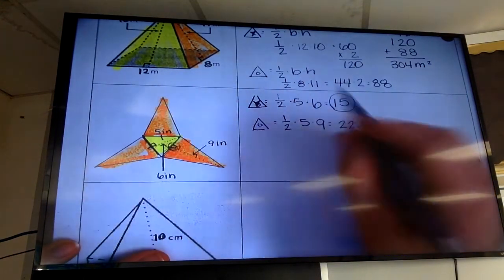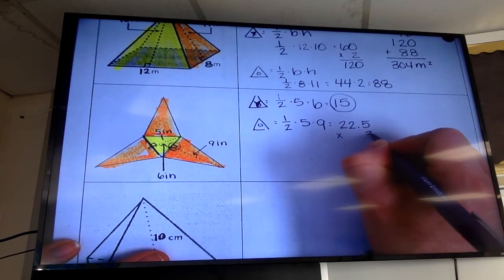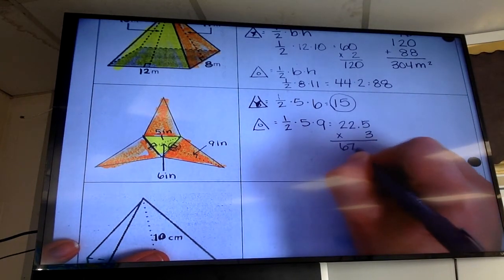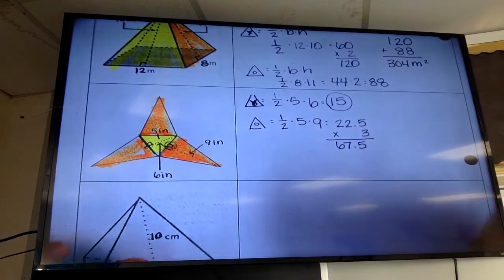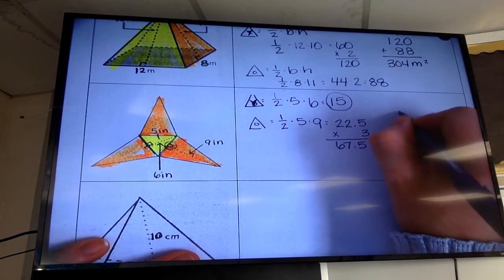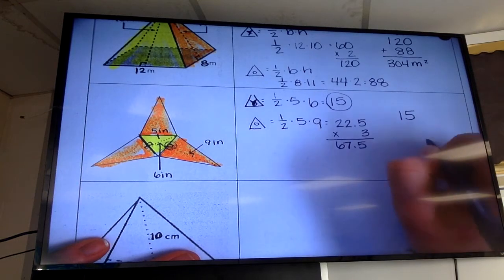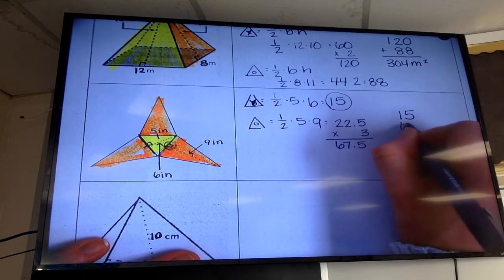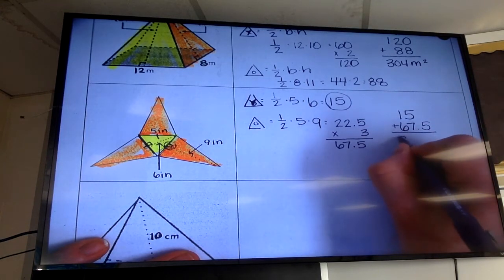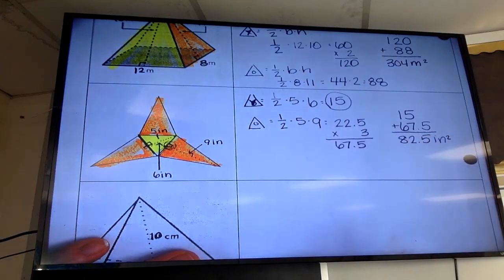But I don't have one. I have 3. So I'm going to multiply that number by 3. And we get 67.5. So that's my triangular faces that go up to the point. Now, just like every time before, I add my triangular base with my 3 triangular faces that come up to the point. And I would get 82 and 5/10 inches squared is my answer.